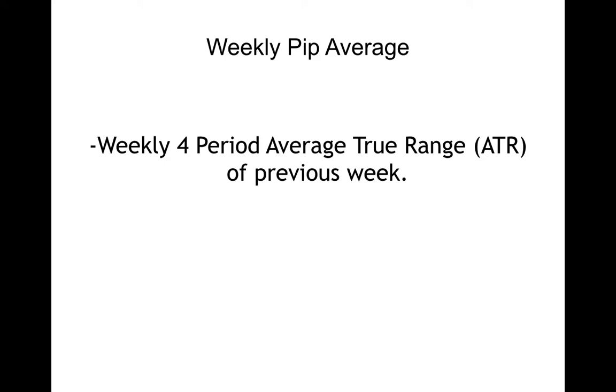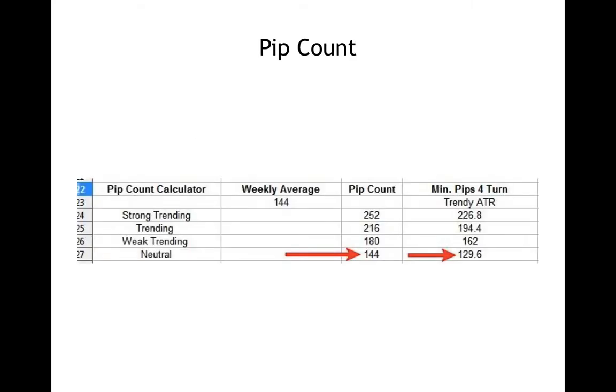I also have an indicator for this that I've customized, but you can also substitute the weekly 4-period average true range, which also comes free with MT4 or NinjaTrader. So you're going to put a 4-period ATR on a weekly chart. That's obviously going to give you a month's worth of data.